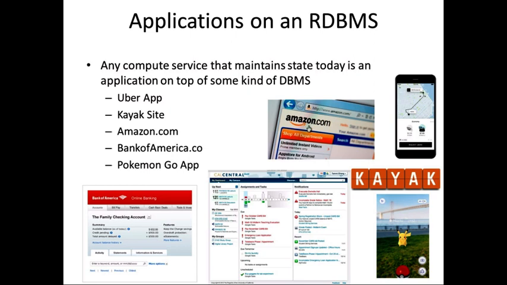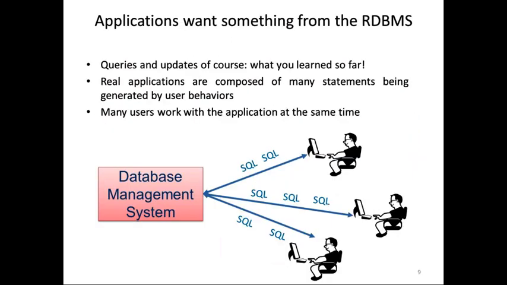State, of course, meaning a database that is changed from one instance to the next, for instance, when you book a ride with Uber, when you buy something on Amazon, when you do a bank transaction, or when you play games online and so on. And in real life, whenever we use a database, we are not alone using that database.